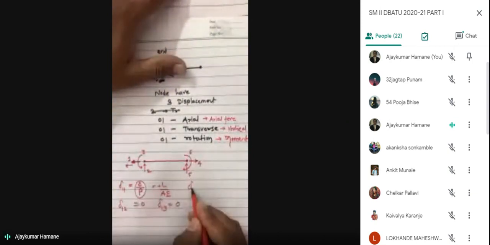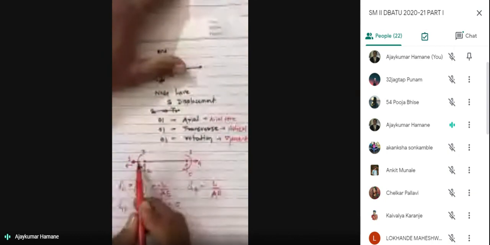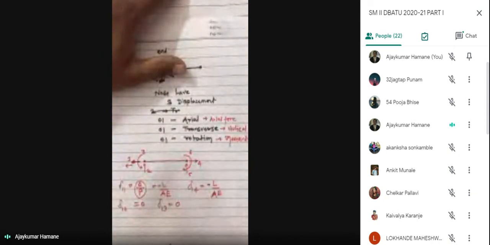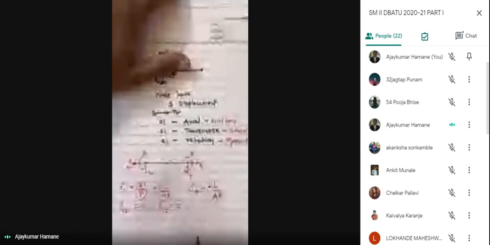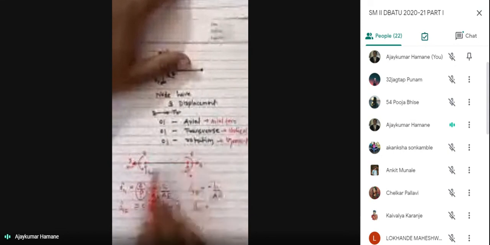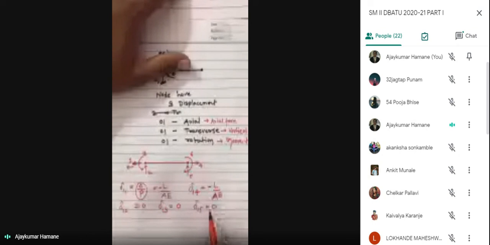Now delta 1,4: we have L upon A, but the force is in this direction, so it is minus L upon A. Then 1,5 and 1,6 are also 0, since the vertical force and moment produce no axial displacement.